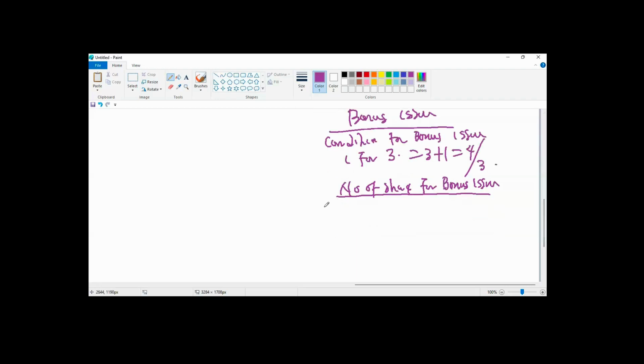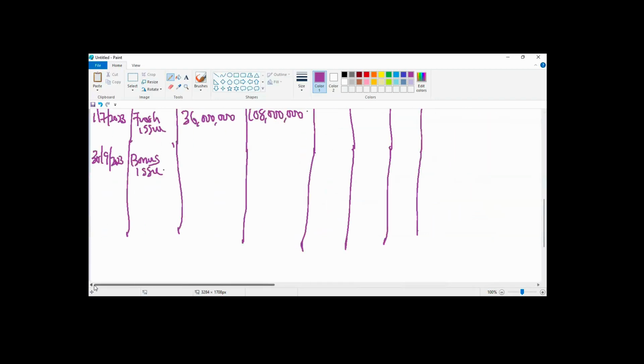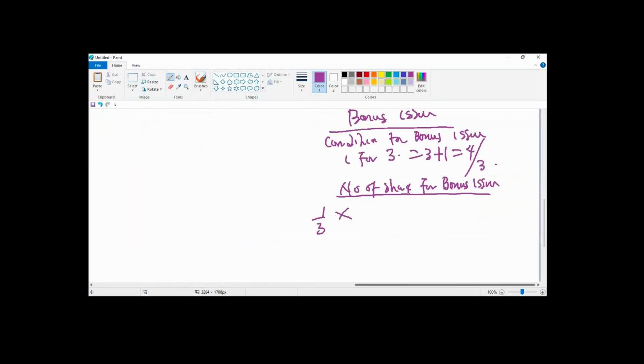That will give me 1 over 3 times. What is the total shares? 108. 1 over 3 of 108 is 36 million. So we have 36 million.